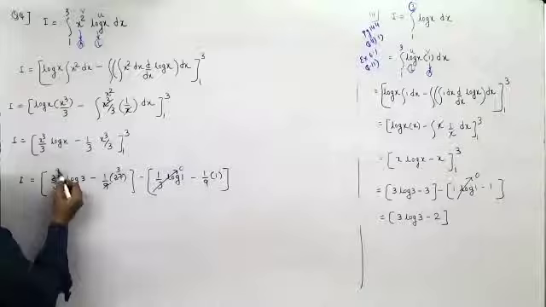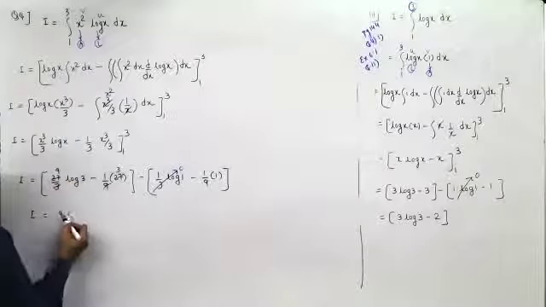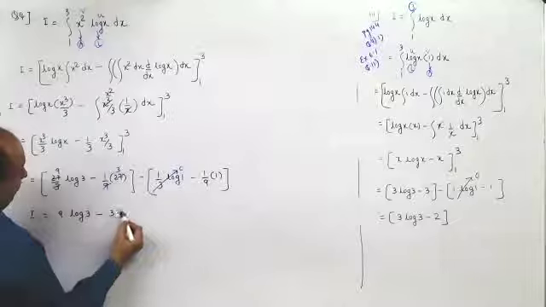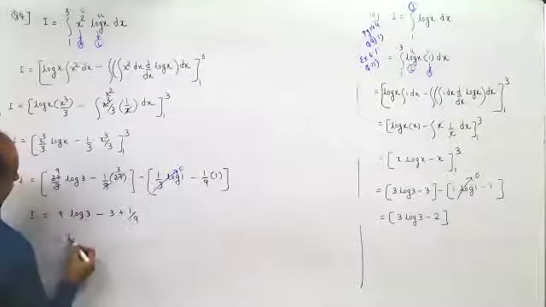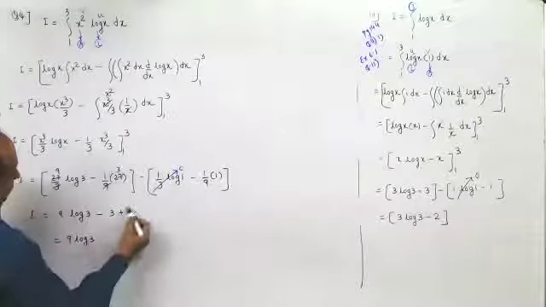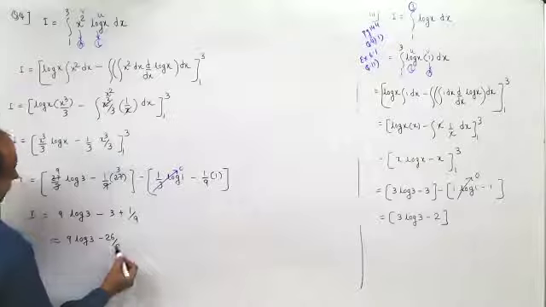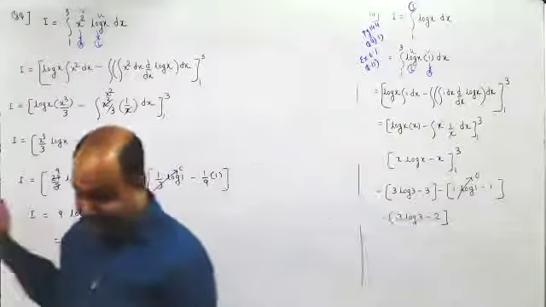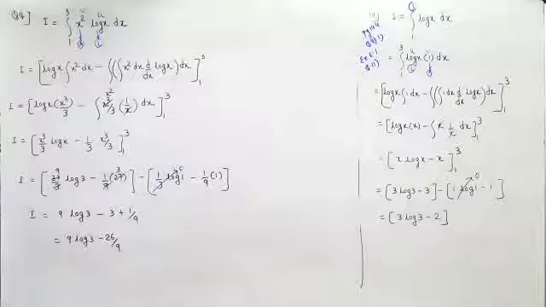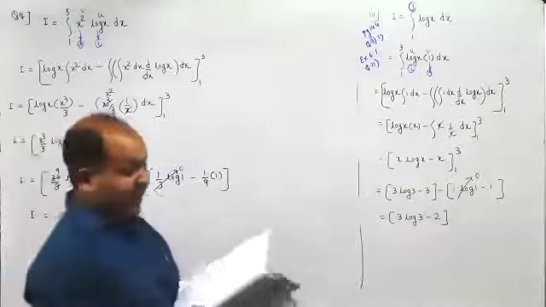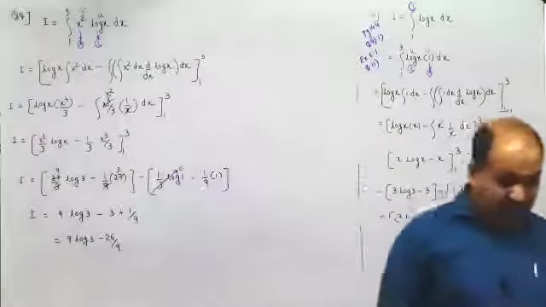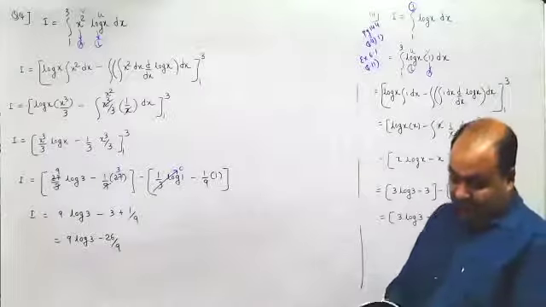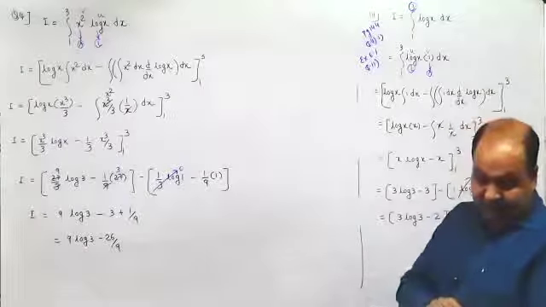And then minus 3 and plus 1 by 9. 9 log 3, this is minus 27 plus 1, minus 26 by 9. As I keep saying, you need to verify the answer from the textbook. I am just doing it so that you understand the method to solve it. This is x square log x.